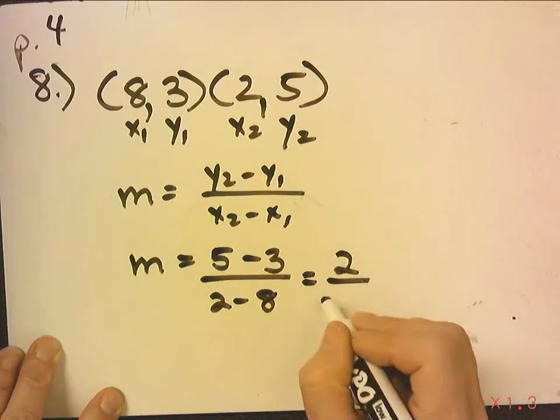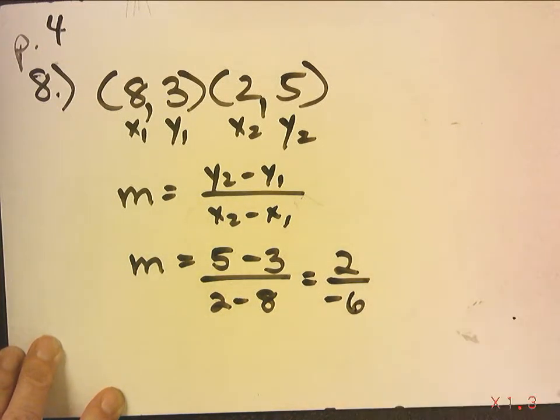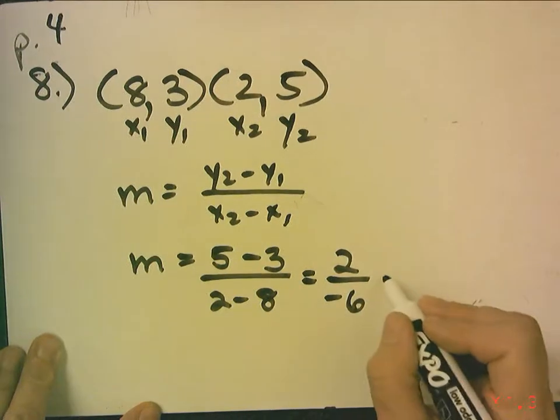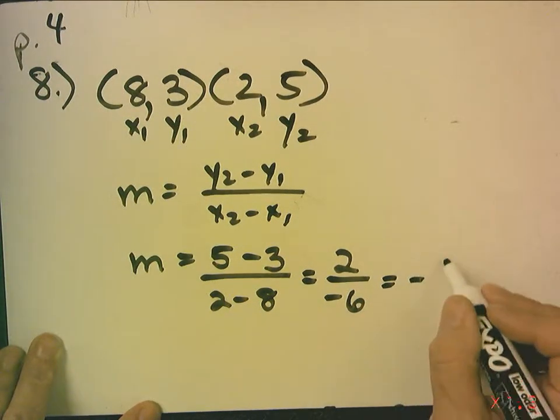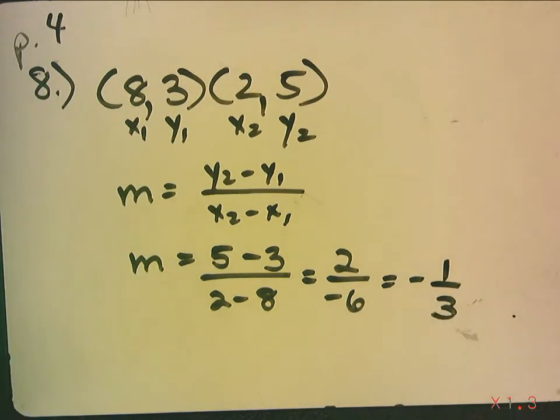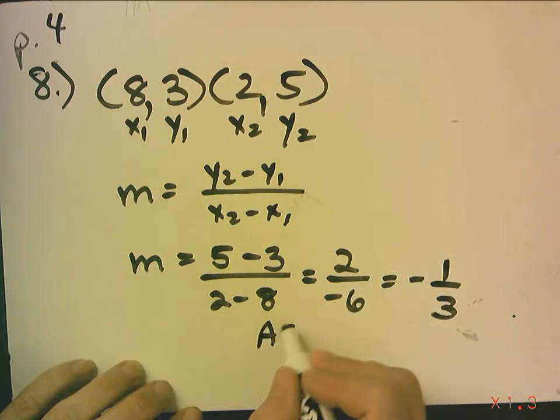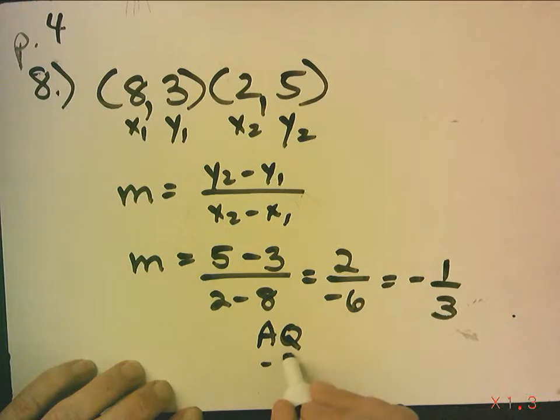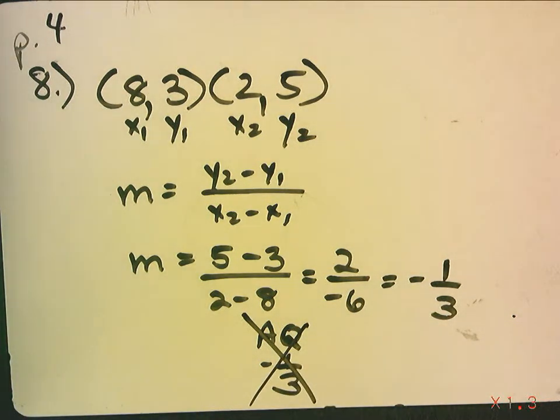This is 2 over negative 6. And we always have to simplify, and this simplifies to negative 1/3. So I find negative 1/3 on the bottom, which is at AQ, and I cross that out on the bottom.